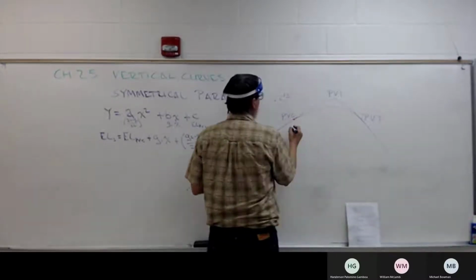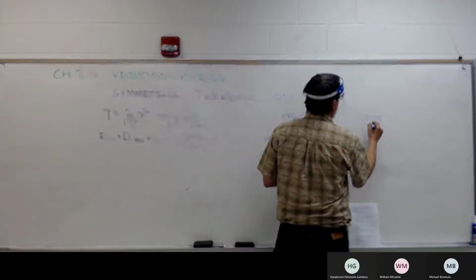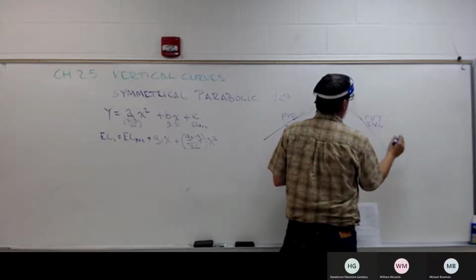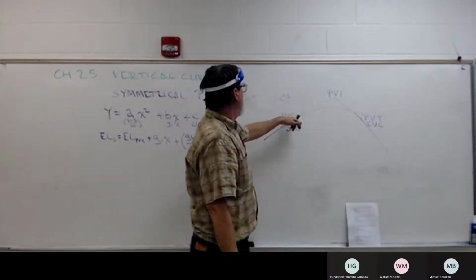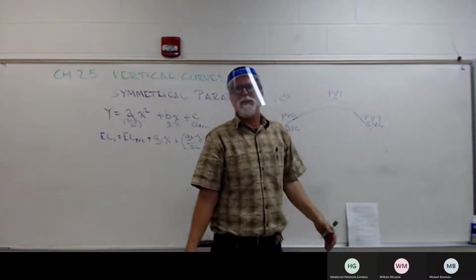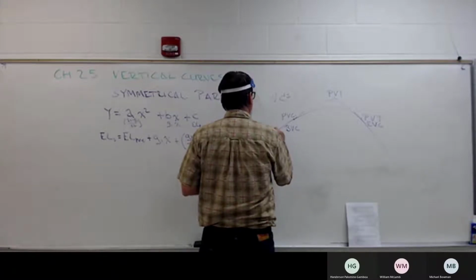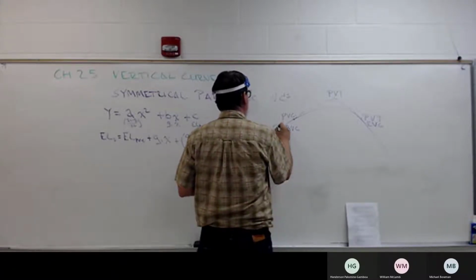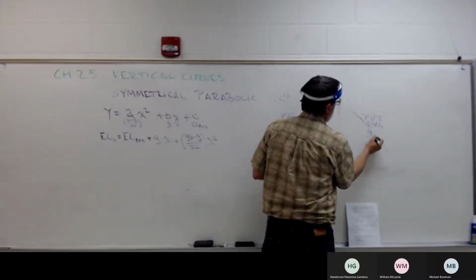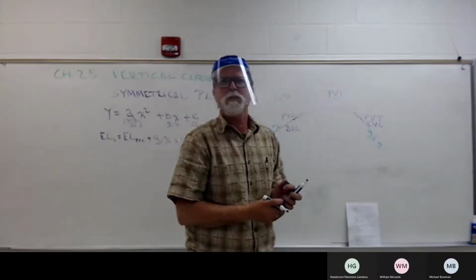You might see this as PVC, you might see that as beginning of vertical curve or end of vertical curve. But point of vertical curvature, point of vertical intersection, point of vertical tangency. The grade coming into this is G1. The grade coming out of this is G2, given in percentages.